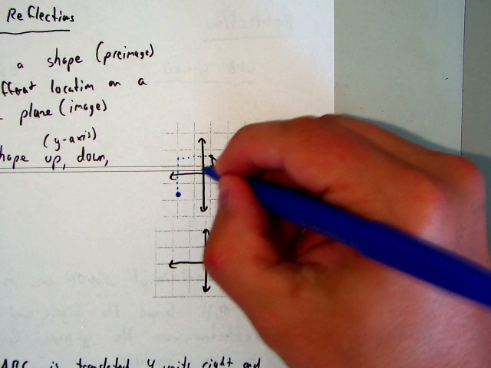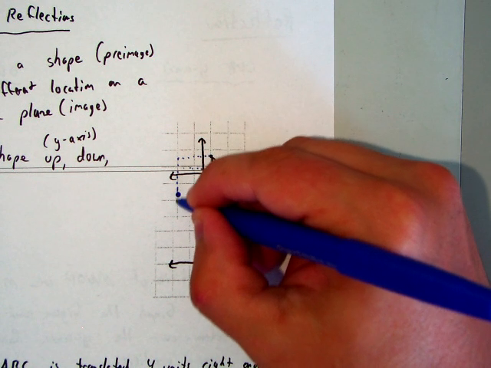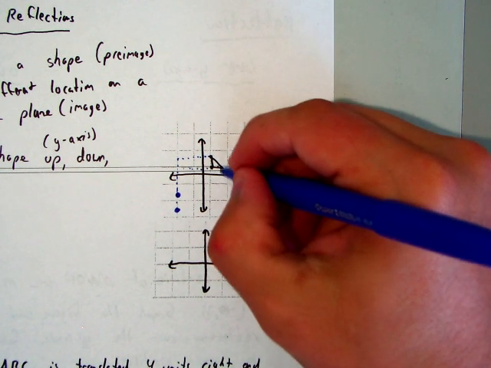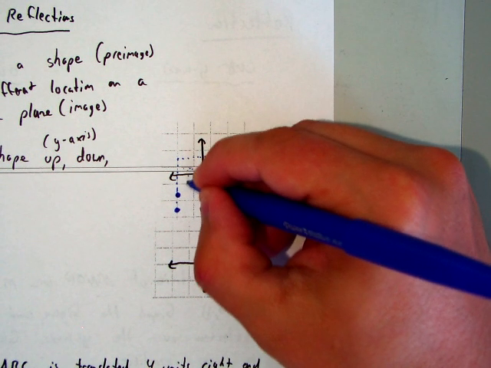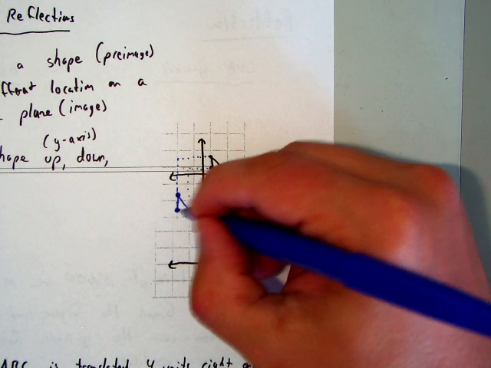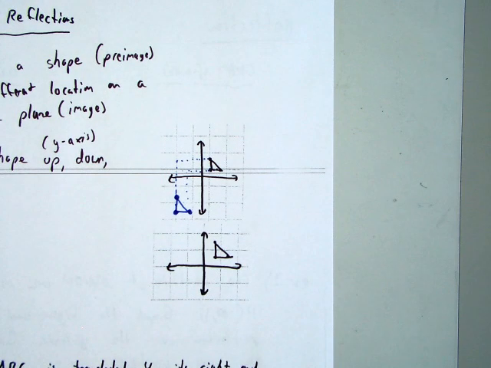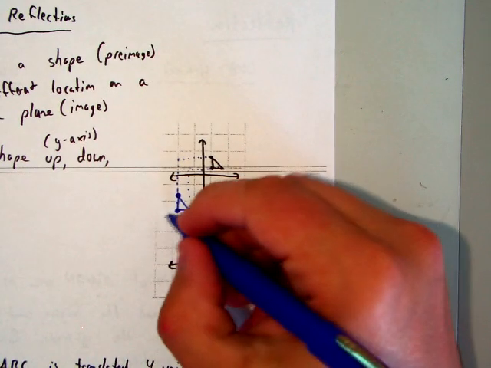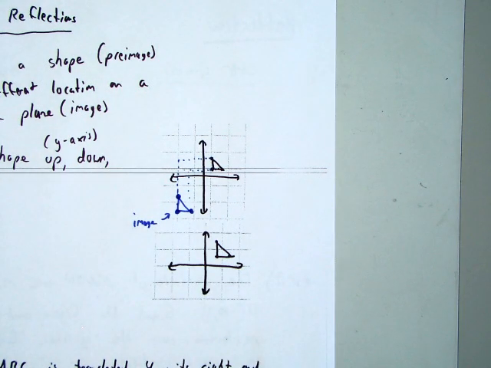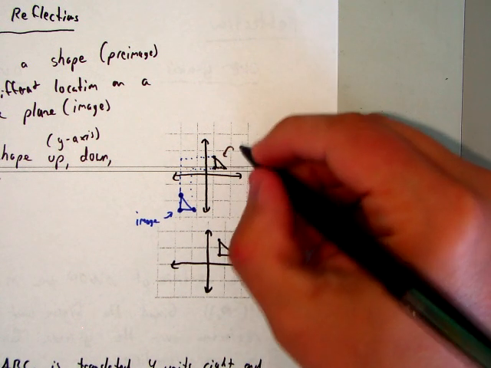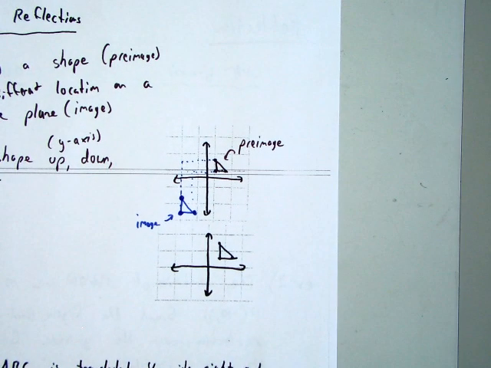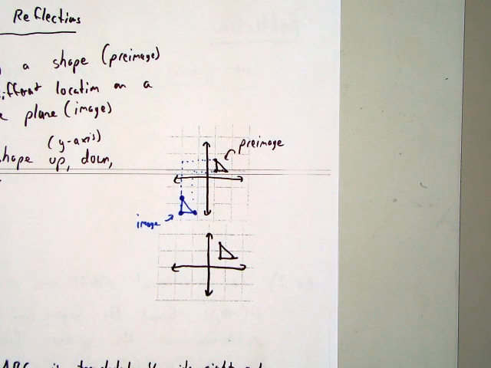Again, every single one of them moves the same number of places. So the blue one would be the image. This is called the image. And again, the black one here, this is called the preimage. And we'll talk about how to label them in the next example as well.